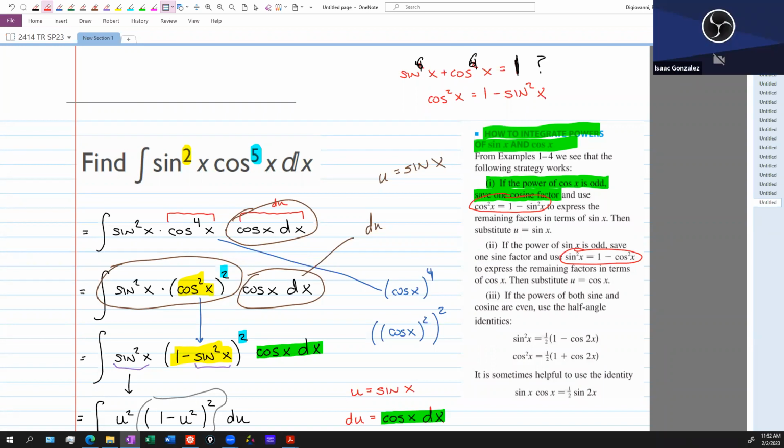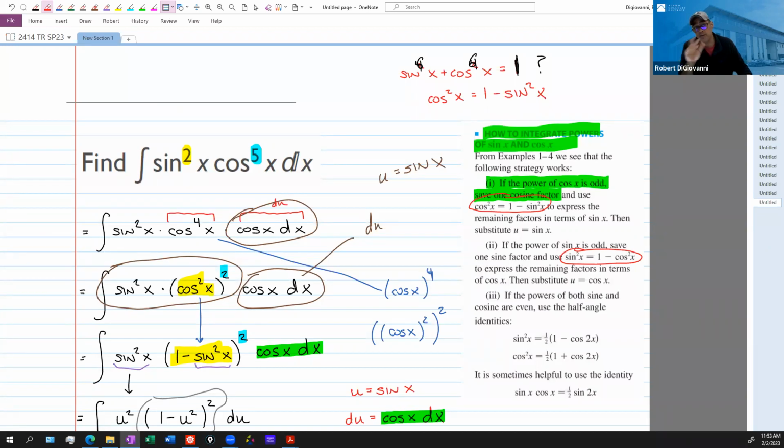So when you peel off one, that's always going to be your du. That's just how it works. But you have to be starting with the conditions that we started with, that you had cosine to an odd power, or sine to an odd power.